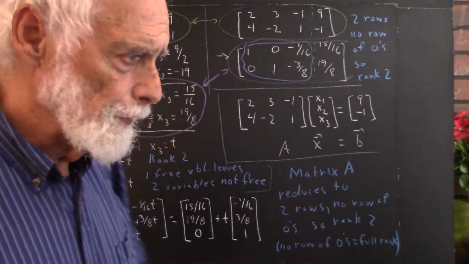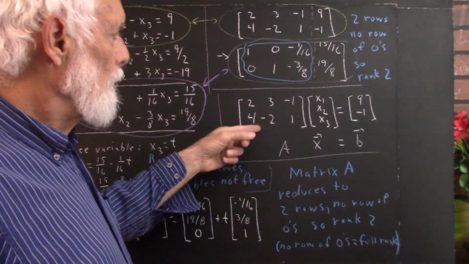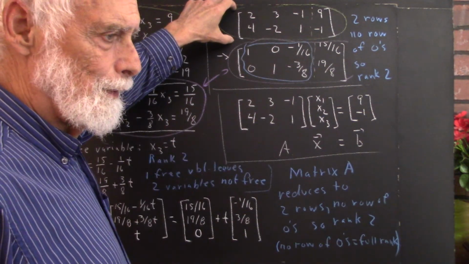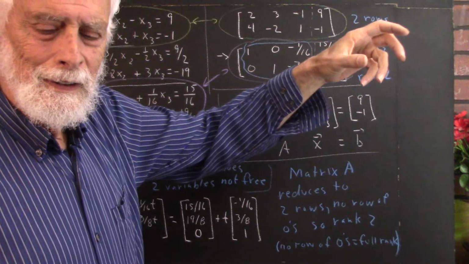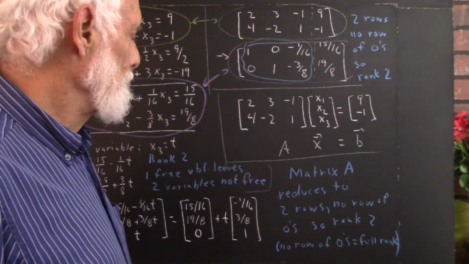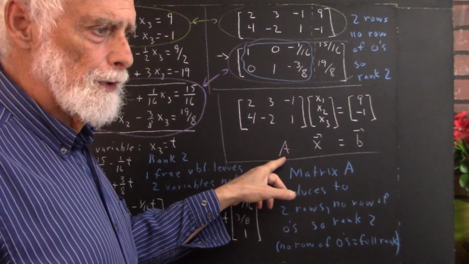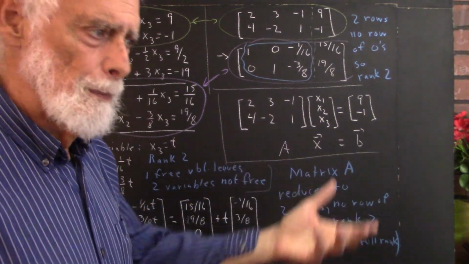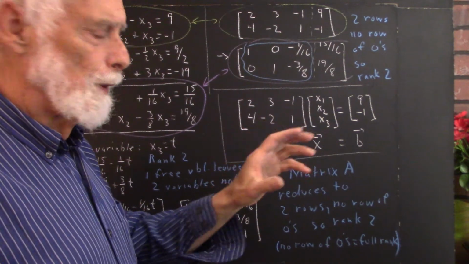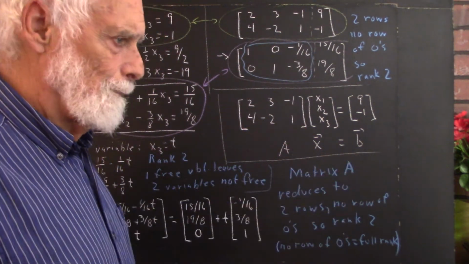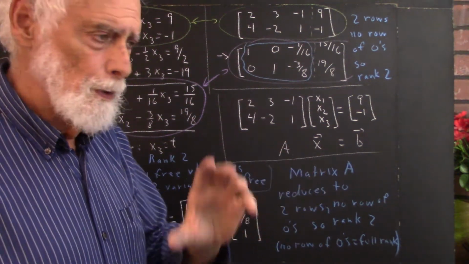Although, in this case, the way we solve this matrix equation is we convert it to the augmented matrix and solve the augmented matrix. Now, when this is a square, non-singular matrix, we can do the matrix inverse and shortcut the whole process.